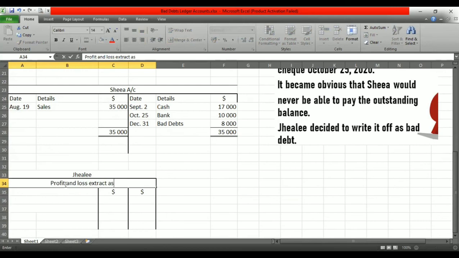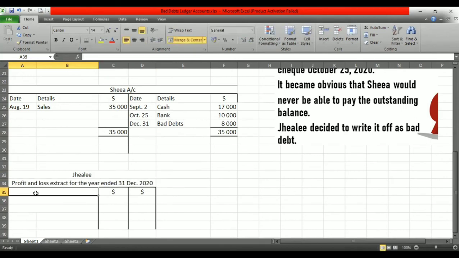It is not as that, but for the year ended 31st of December 2020. And bad debt, when you're debiting the profit and loss account, you're listing the item as an expense. Bad debt is an expense, so we're entering that category less expenses.